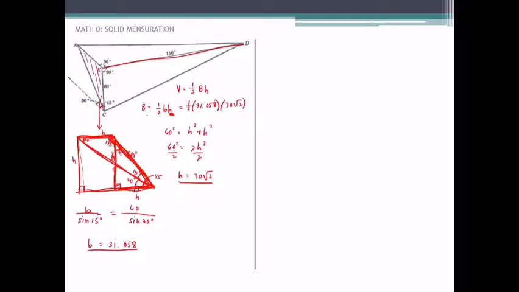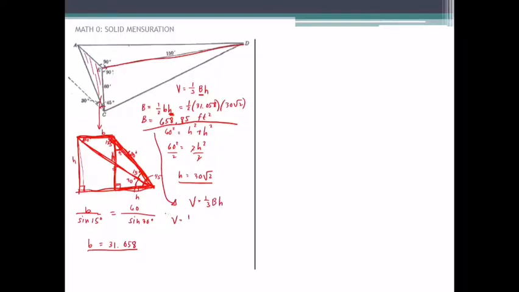So, our base, the area of the base, is 658.85 feet squared. And so, to get the volume, it is equal to 1/3 base times height.